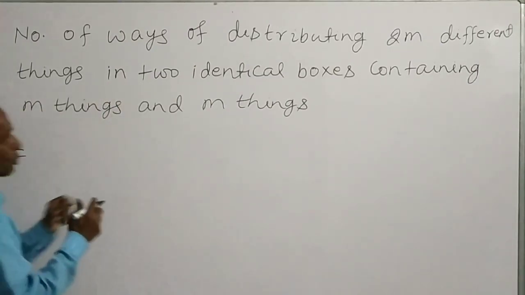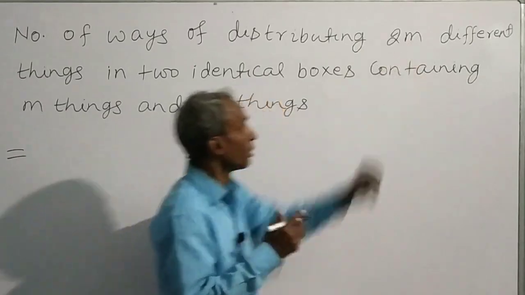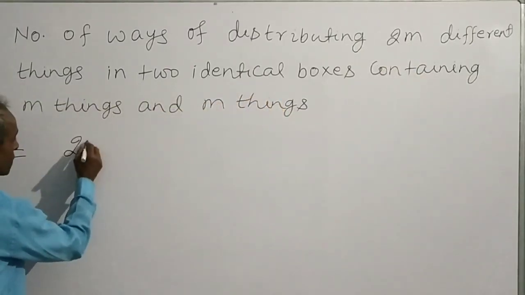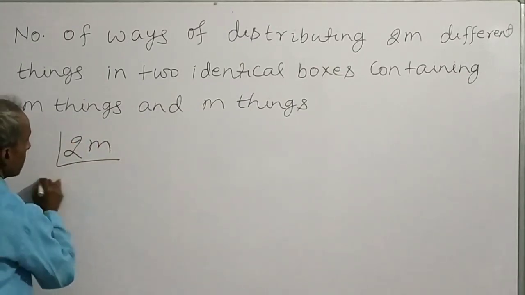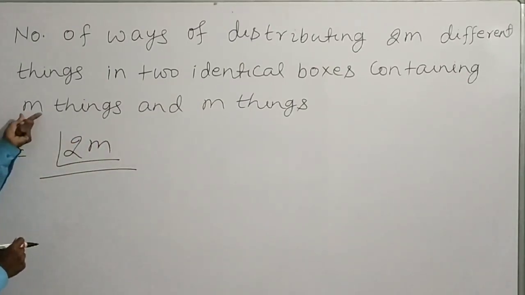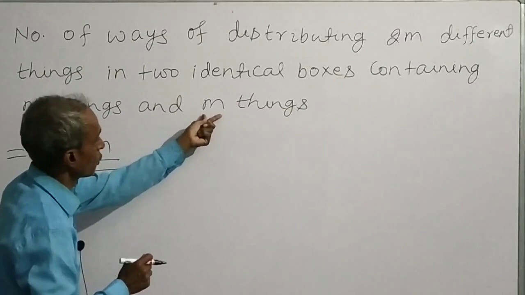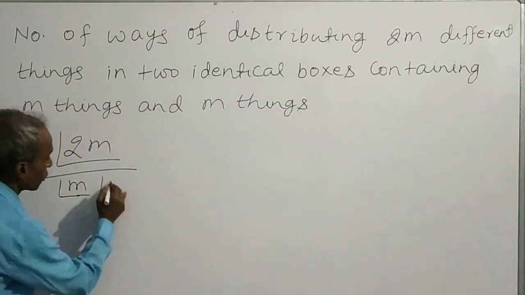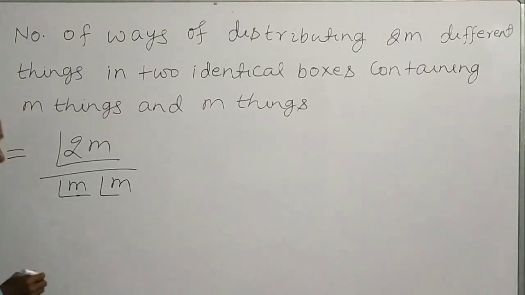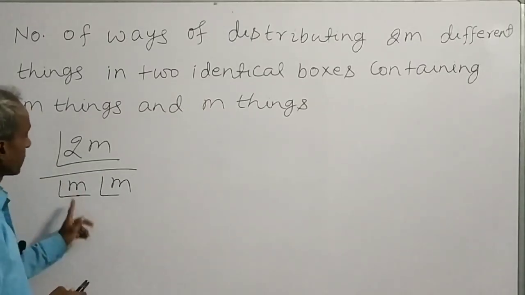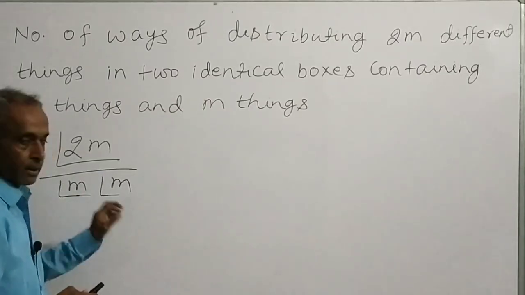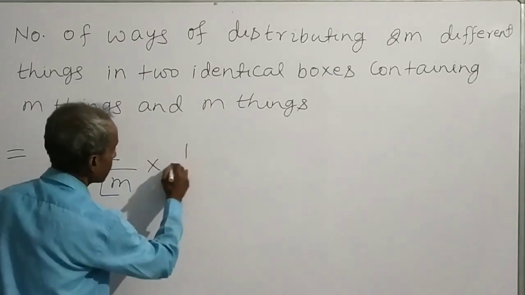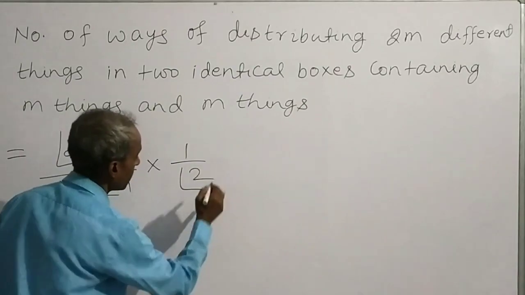This will be equal to factorial of the total number of things, that means factorial of 2m, divided by factorial m times factorial m. Since the number of things in two boxes are equal, therefore we will also divide this result by factorial 2.